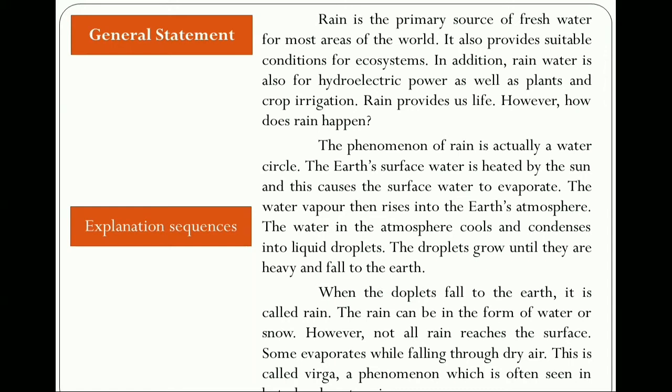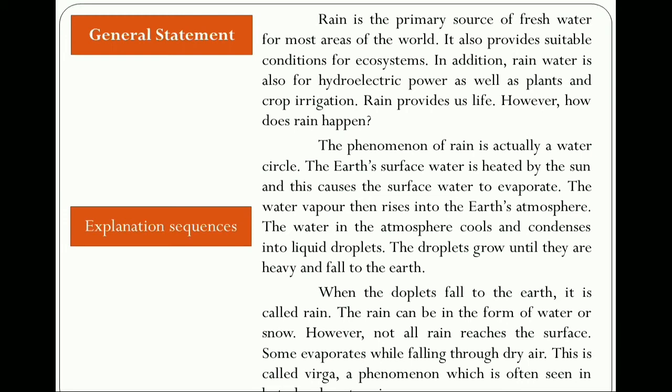It can be a definition like, rain is the primary source of fresh water for most areas of the world. Or it can be a question like, however, how does the rain happen? Okay, and then the next part is the explanation sequence, which means that there are some sequences about how the rain happens.